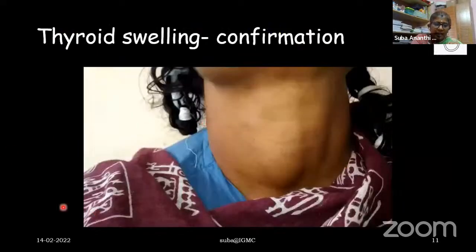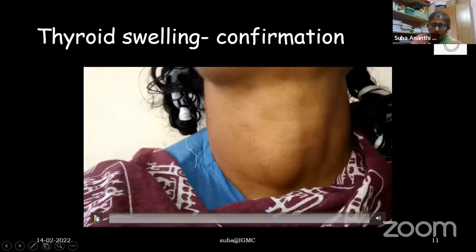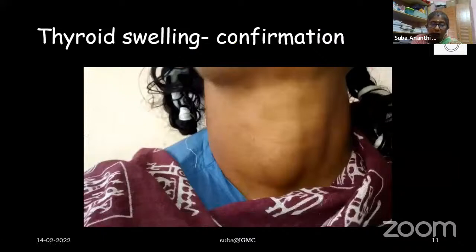Because of these attachments of the thyroid gland to the laryngeal cartilages, through the suspensory ligament of Berry, it is attached to the cricoid cartilage. Through the pretracheal fascia, when you trace it upwards, it's attached to the thyroid cartilage as well as to the hyoid bone.